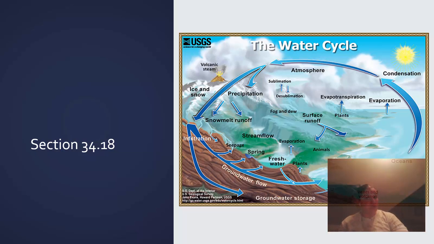It may eventually make its way back to the ocean. It may flow directly back down to the ocean if it doesn't get sunk down into the soil. This is called surface runoff. It may be absorbed by plants or by animals, and it may be stuck in plants and animals for a while until eventually we return to the rest of the cycle.